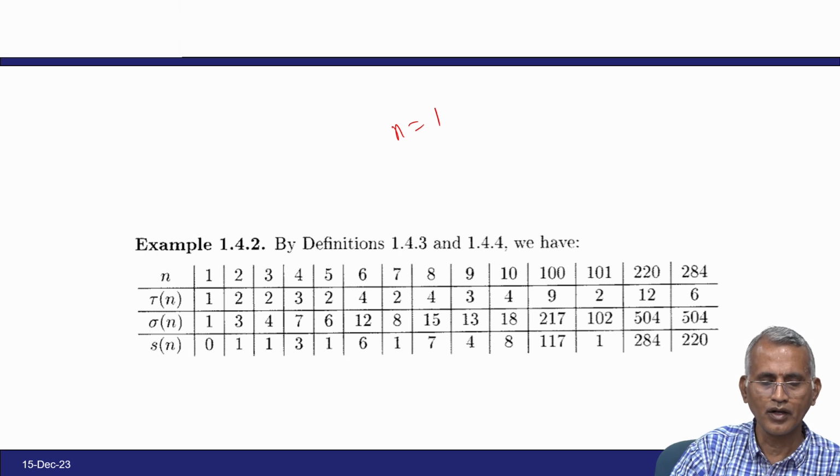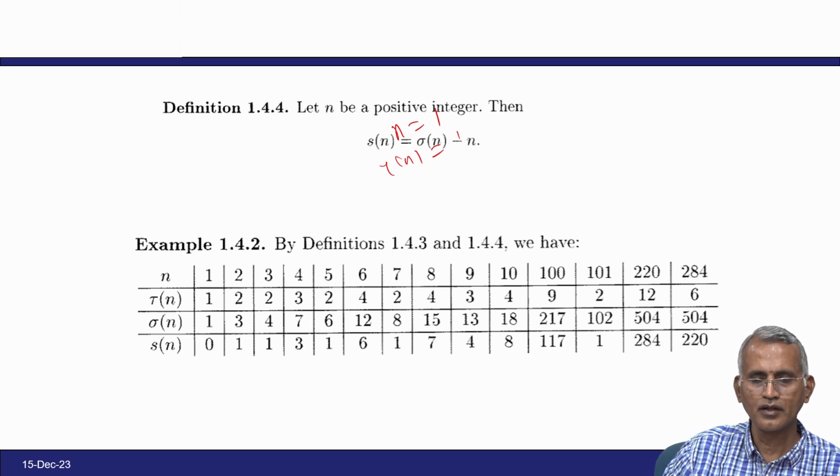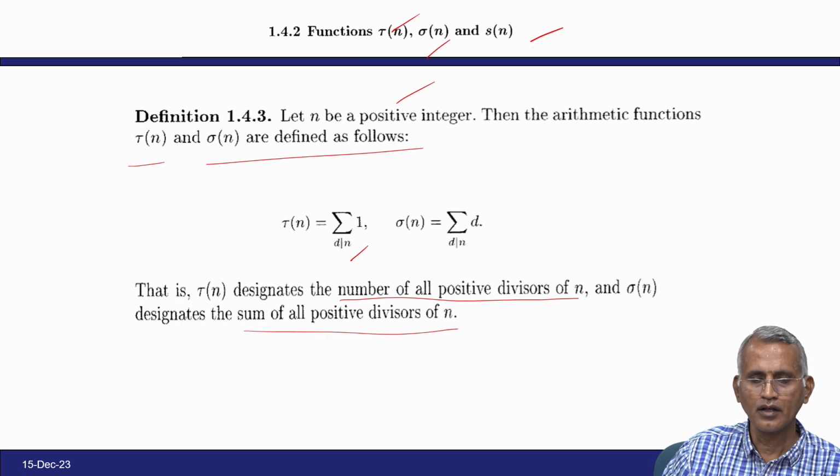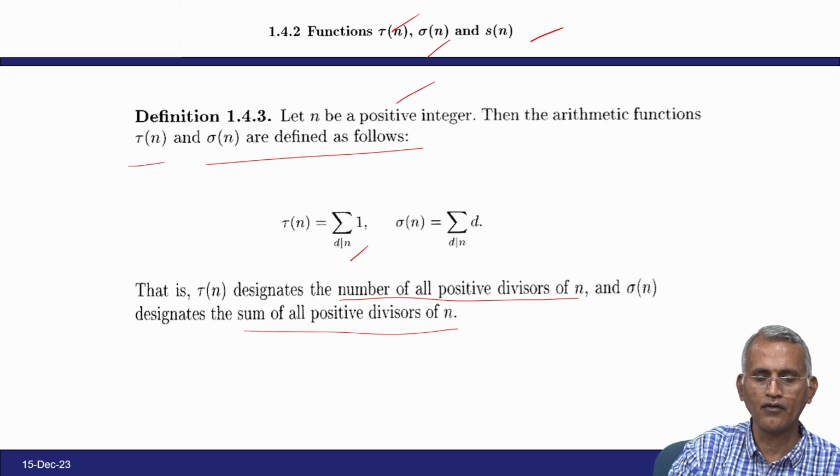Now, what is tau of n? Tau of n is the number of all positive divisors of n, right.